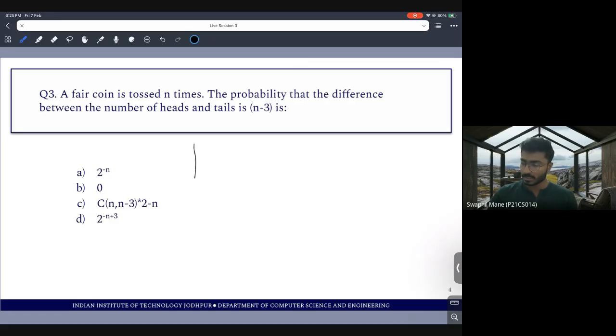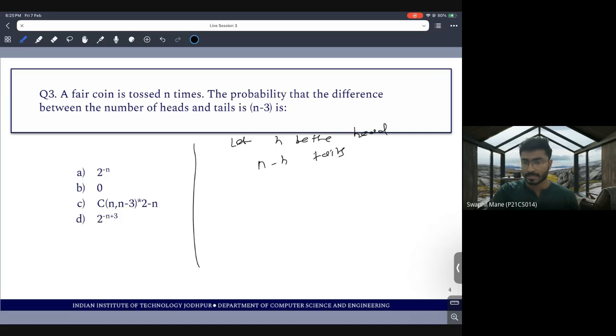So assume that h is the number of heads we found. The obvious thing is that n minus h is the number of tails.